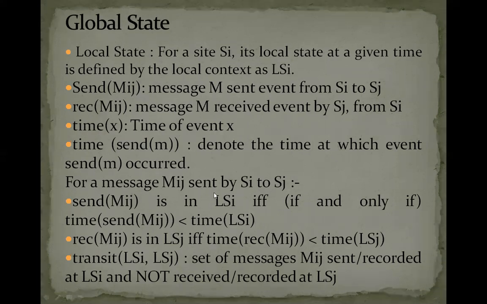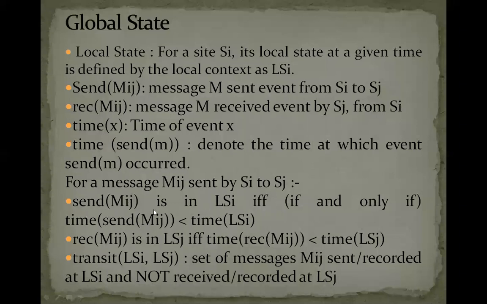Now, for a message MIJ sent by SI to SJ, where SI is a process, SJ is another process, and SI is sending a message MIJ to SJ, send MIJ will be in the local state, because this is an event which is occurring at LSI.